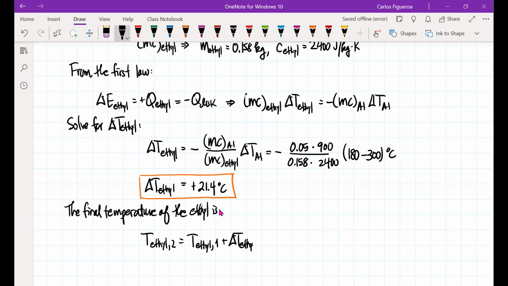And this should give me 10 degrees C plus 21.4, which gives me 31.4 degrees C, which then gives me the final temperature.